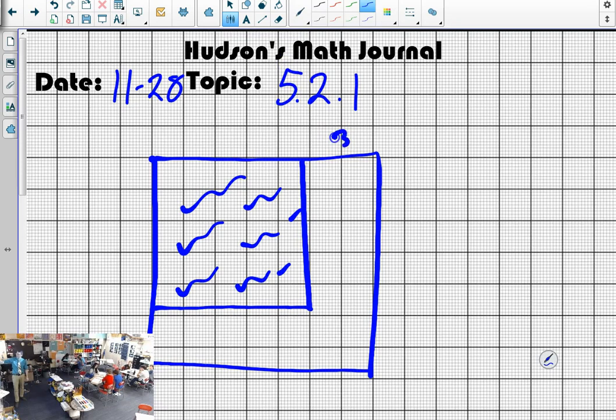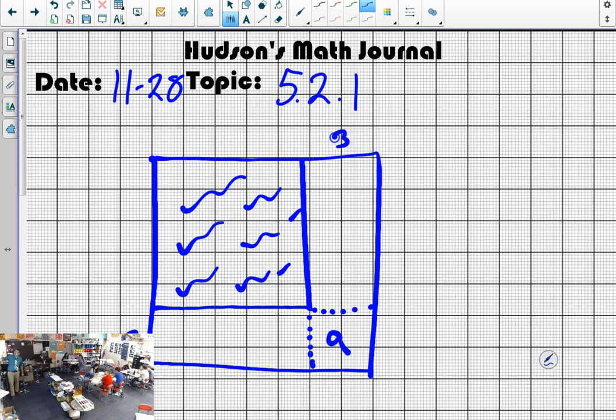All right, so 3. Okay. Well, oh, so you're saying here would be 9? That's 9 square feet. So that, and the whole thing can be 169.